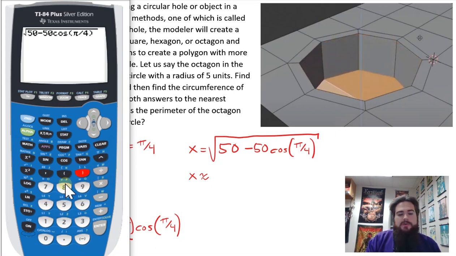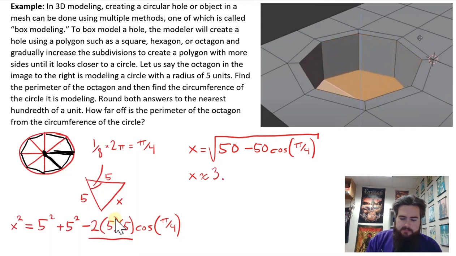Although we should already know cosine of pi over 4. This gives us approximately square root of 3.8268. That is the length of one of these outside triangles, or the outside edge of one of these triangles, for the octagon.